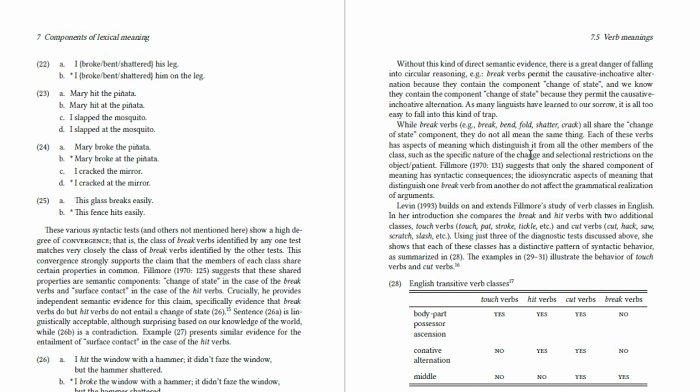That's what I'm looking for from the word break, and you can give examples like bend, fold, shatter, which are synonyms for break. When we say break, it means causative and inchoative, two types.